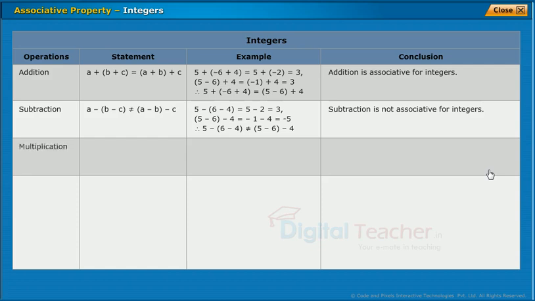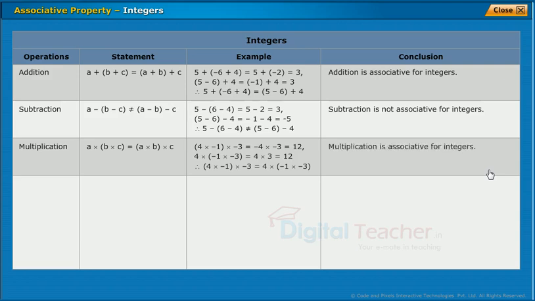Under multiplication, it states that the product of three integers remains the same even if the grouping of the numbers is changed. For example, the product of 4, -1 and -3 is the same even if there is a change in their order. It concludes that multiplication is associative for integers. Under division, it states that the quotient obtained by the division of three integers is not the same if the order of the numbers is changed.